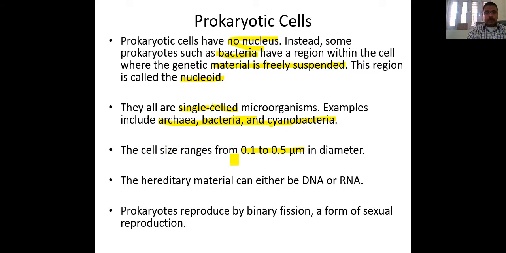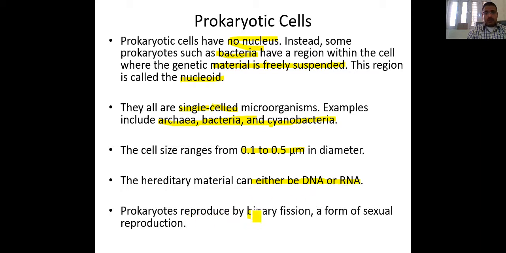The hereditary material can be DNA. When we talk about hereditary material, it is DNA, which is in their nucleoids, and it may also be RNA. Both can be available. Prokaryotes reproduce by binary fission.